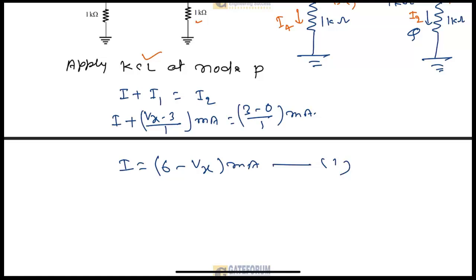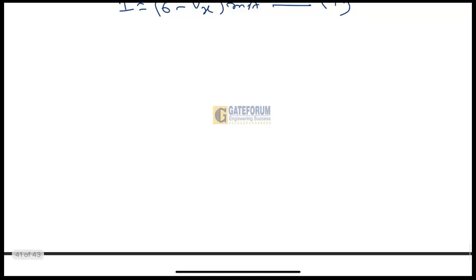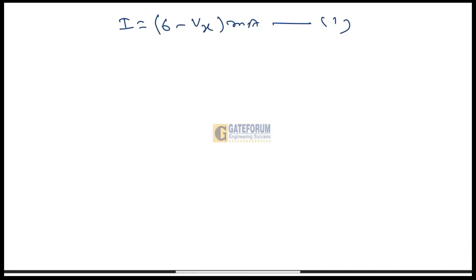So we have to calculate Vx and substitute it in equation number 1, then we will get the value of I. Now we have to apply KCL at this Vx node point. For this Vx, the incoming current is I3, and the outgoing currents from this junction are I1 and I4. So apply KCL at node Vx.